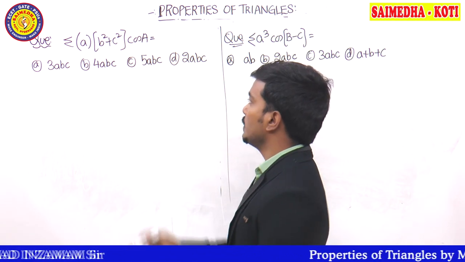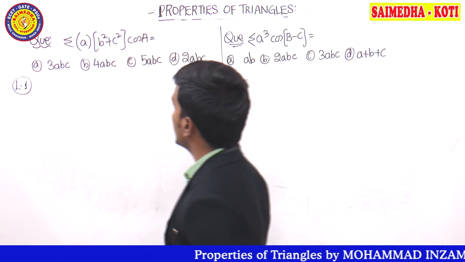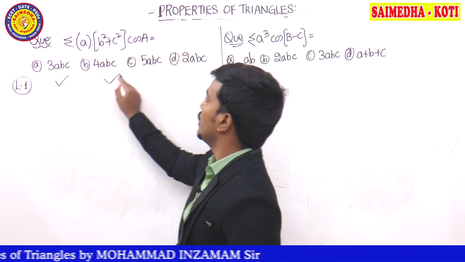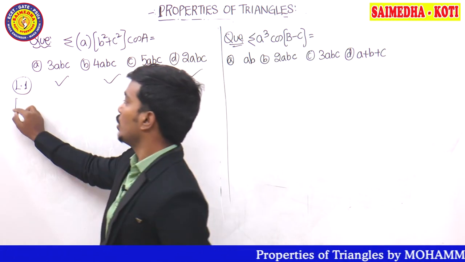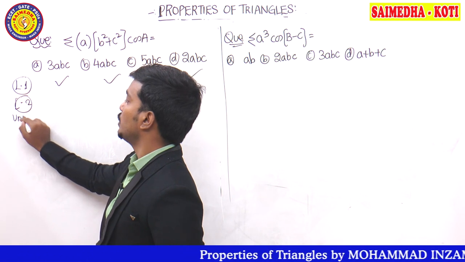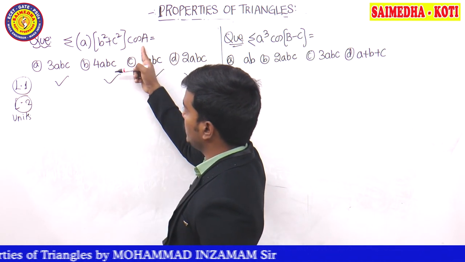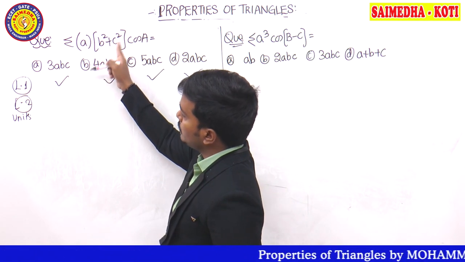Now let's continue, guys. First of all, apply logic 1. What is logic 1? Observe here: ABC, ABC, ABC, ABC. According to logic 1, all could be the correct answer, which means logic 1 has failed. Logic 2 is units. What are the units of the question? Angle does not have any units. B square plus C square is meter square plus meter square, which is meter square.